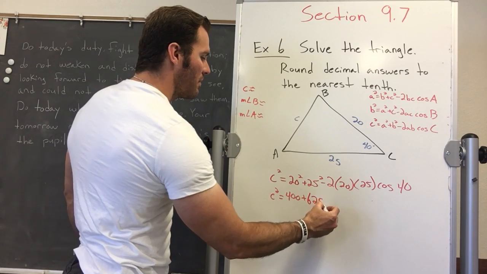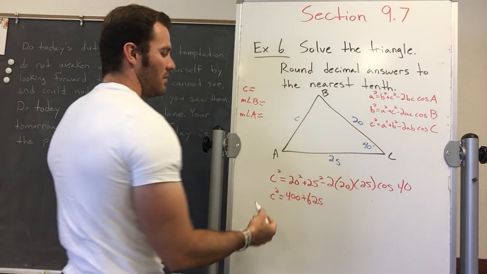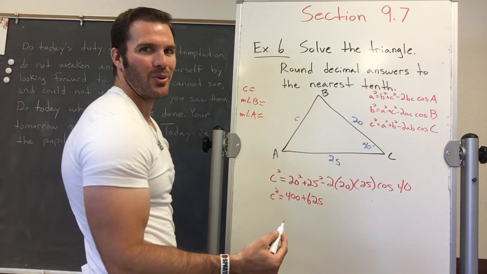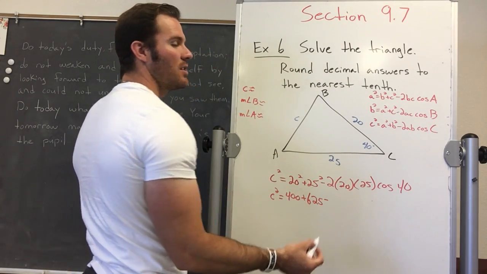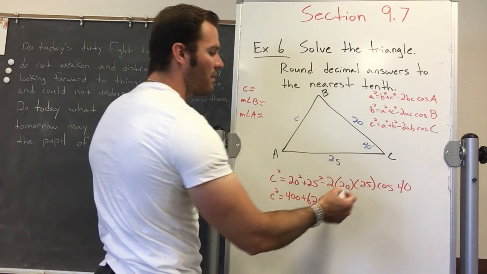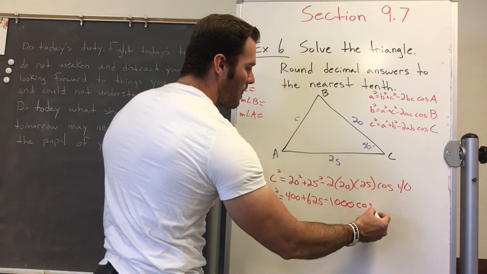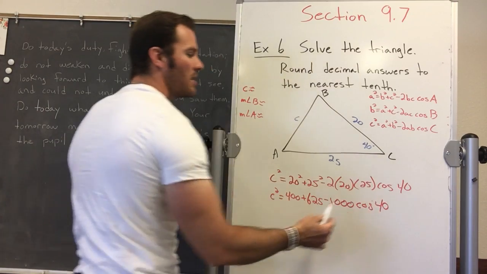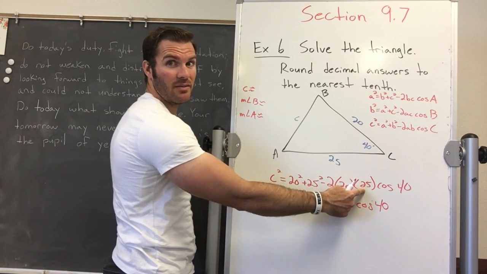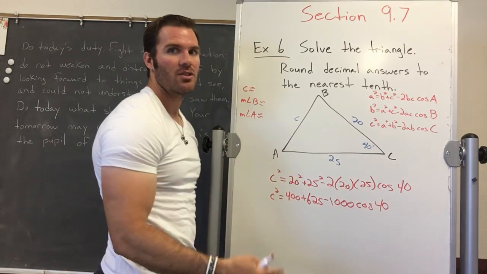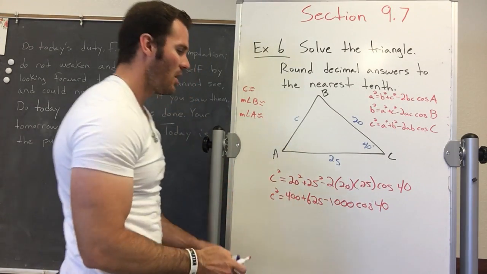I'm getting better at squaring the numbers, probably because they use these numbers frequently throughout other problems, so I've got some practice. Minus 2 times 20 is 40. 40 times 25 is 1,000. How did I do that so easily? Because I know 4 quarters is $1. So 4 times 25 is 100. If I have 40, you're just going to add a 0. 40 times 25 is going to be 1,000.